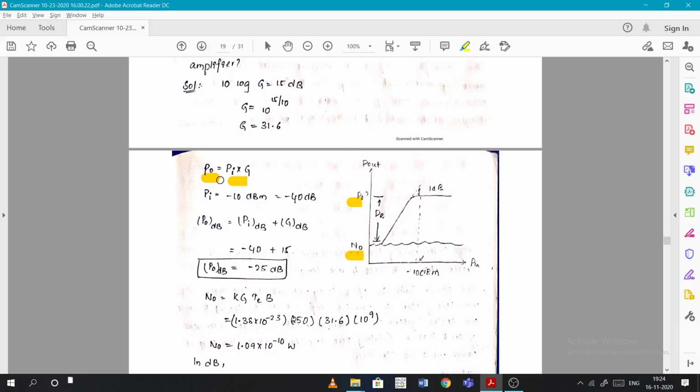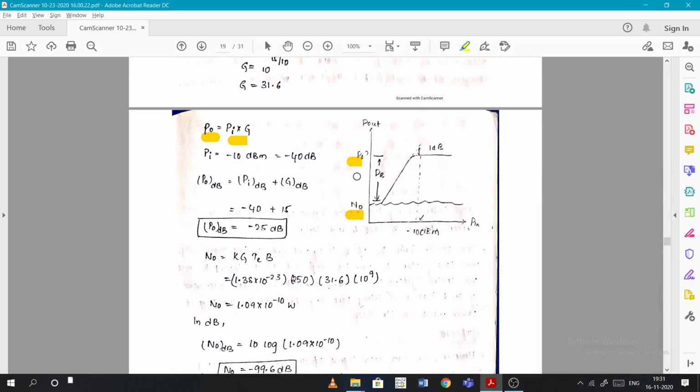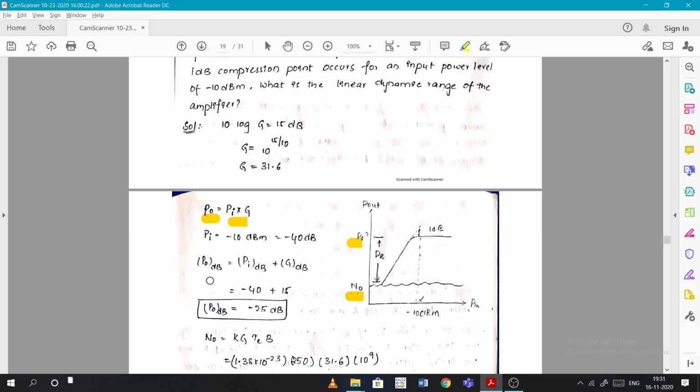Here they have given the gain and the input power, so we can find P0. We can write P0 in dB or in any way.